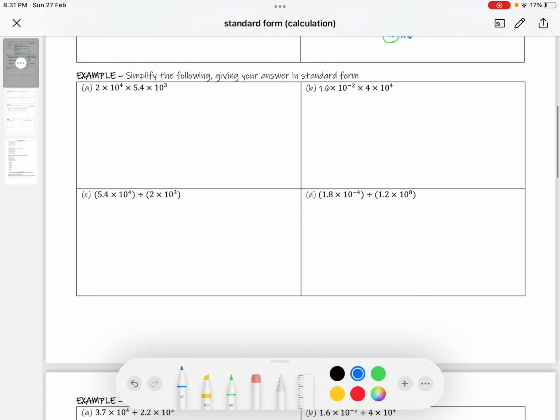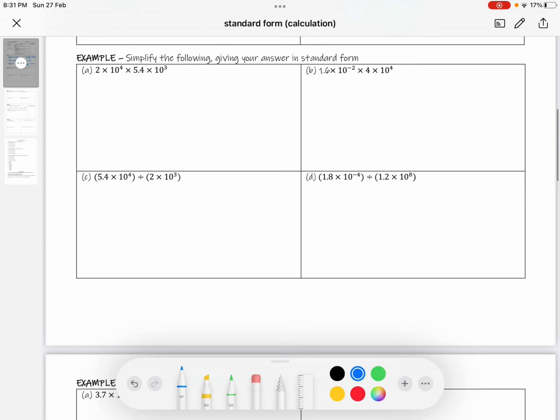Again, please pause, try out the question, and after you're done, press play and compare your solution with my solution. According to the S2S, I will multiply the non-index part and then simplify the index part.